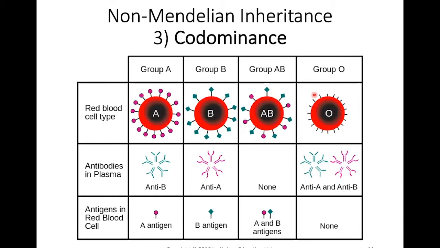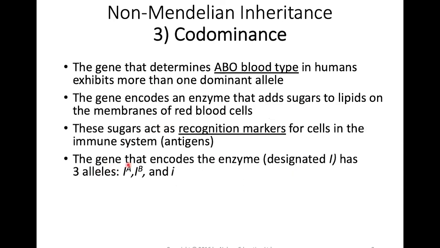And now the genes that are encoding for those enzymes that are going to be creating those antigens for your red blood cells, they have three different alleles. So we have uppercase I to the A, uppercase I to the B, and your lowercase i. These are your three main alleles in your codominant case of blood typing.